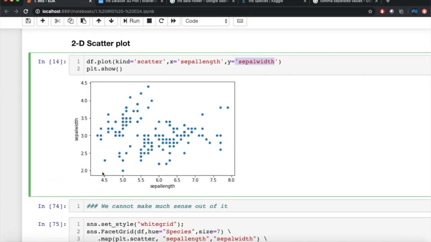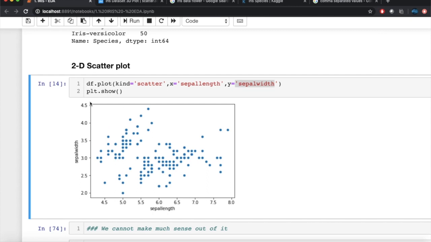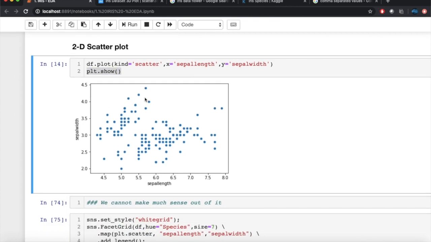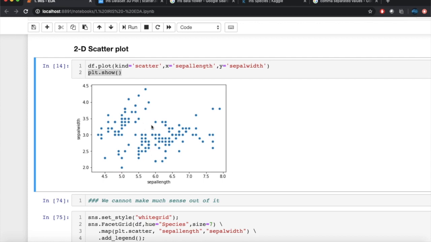On the x-axis we have sepal length, on the y-axis we have sepal width, and we plotted using a matplotlib function. But the problem here is that using this we can't find out which species of flower each point belongs to, because all of the points are of the same color. We cannot determine which category of flower belongs to which.